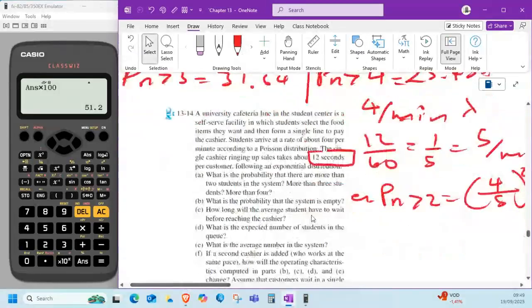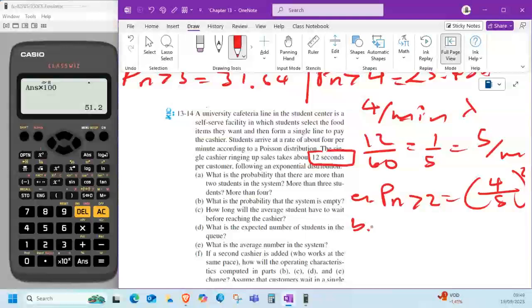What is the expected number of students in the, no, why am I skipping stuff? This time of skipping is not good. B, what is the probability that the system is empty? That is your P0.